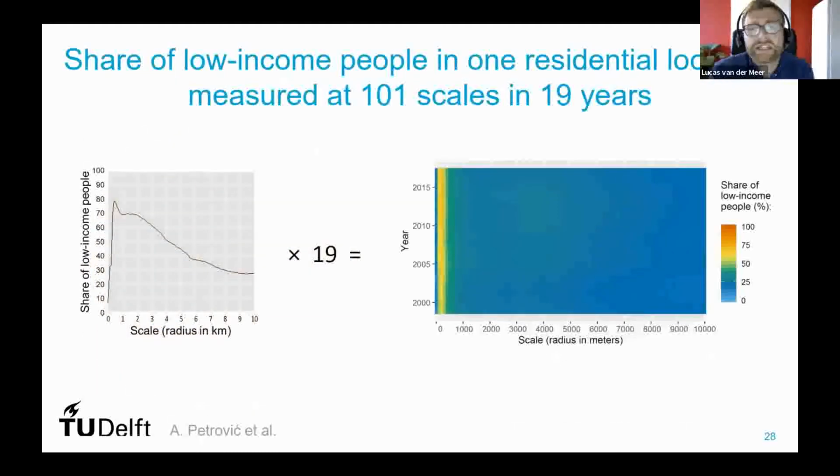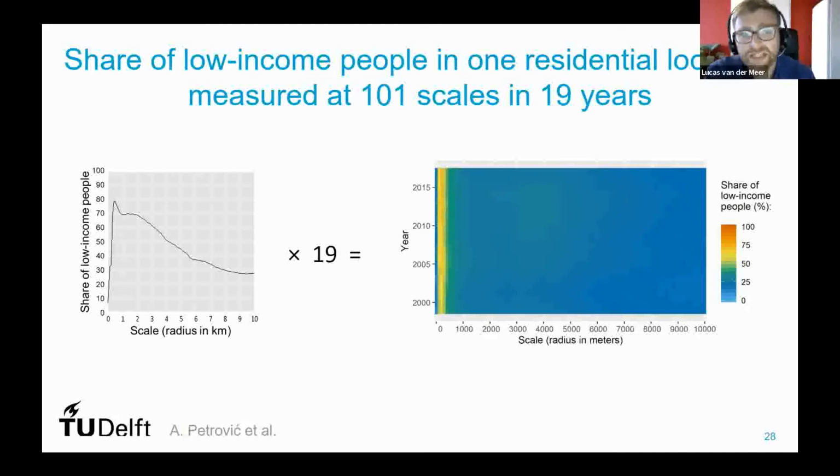And what you can then also do is see the difference over time. You can follow individuals for over 19 years. So you can understand the effect of the area where you live on individual income.